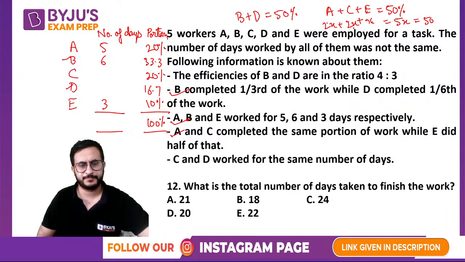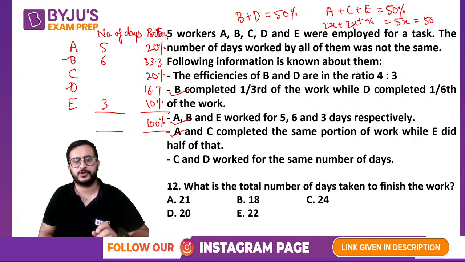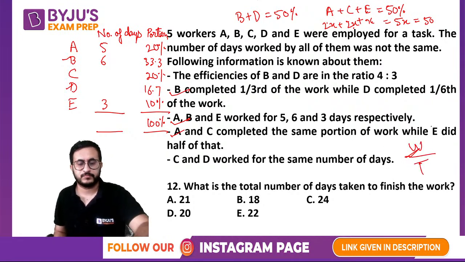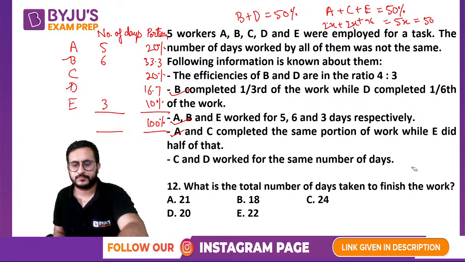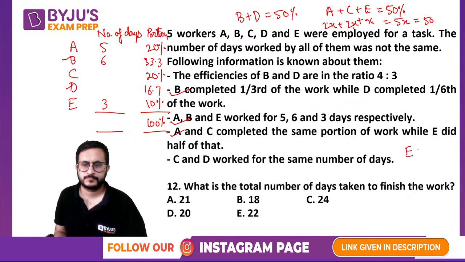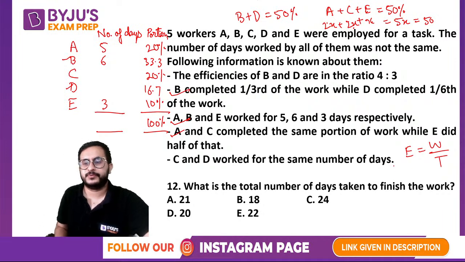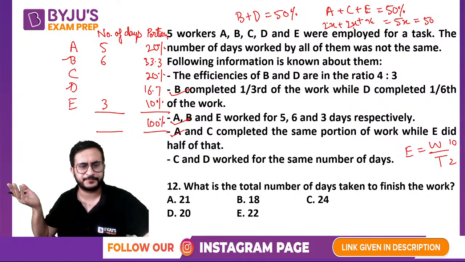Work done per unit time. Efficiency is basically work upon time. Now, if work is more, time is less, you will say the person is more efficient. Okay. Let us say if I do 10 units in 2 days. Okay, so you will say my efficiency is I can do 5 units per day, right? Work per unit time, that is called efficiency.